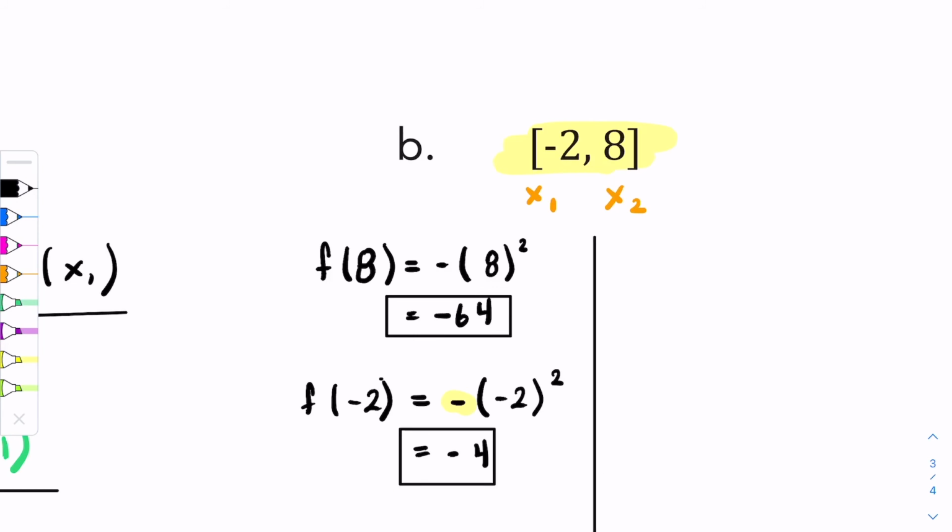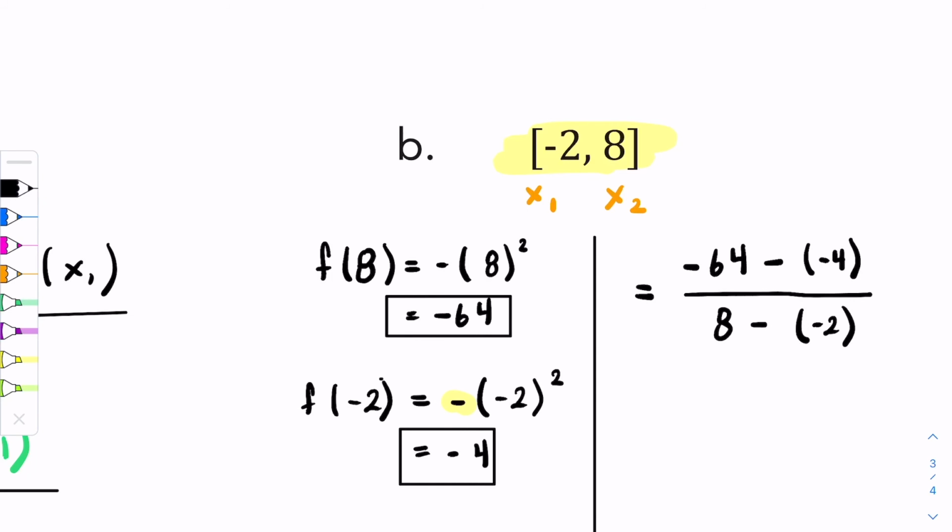Okay, we know that the change in y divided by the change in x is equal to f of x sub 2, which we calculated as -64, minus f of x sub 1, which is -4, divided by x sub 2, 8, minus x sub 1, or -2. -64 minus -4 is the same as adding, leaving us with -60, divided by 8 minus -2, which is +10.